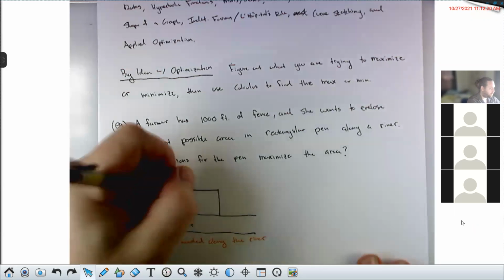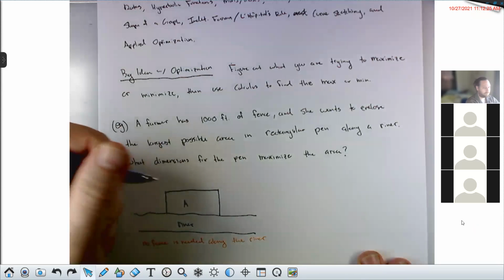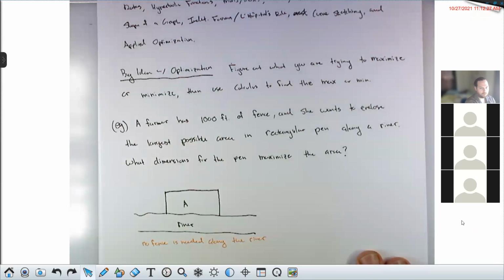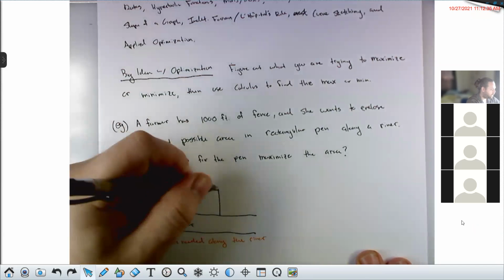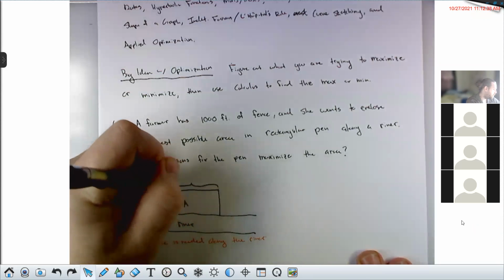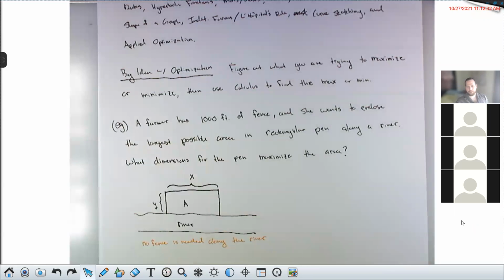So I want to maximize this area, which I will call A. And remember, this pen is supposed to be a rectangle. So the dimensions of the pen, I could call this Y. I could call this X. What about the missing side length? What is that? The side length here that I haven't labeled. What is this side length?